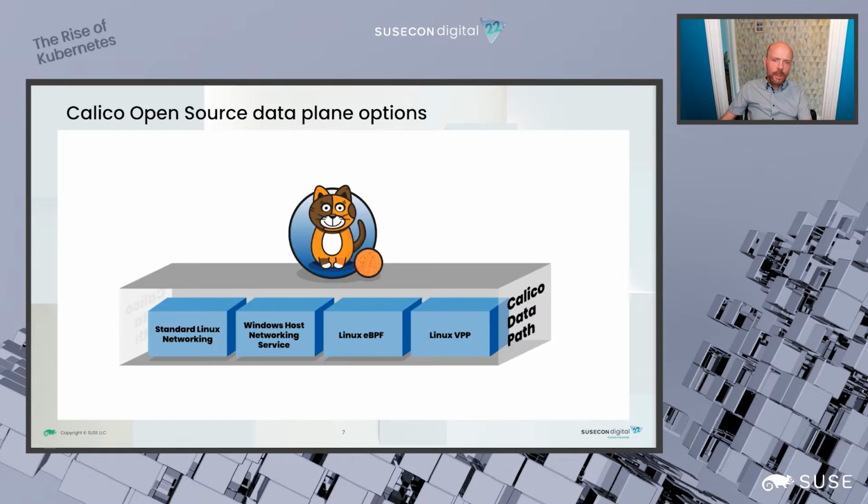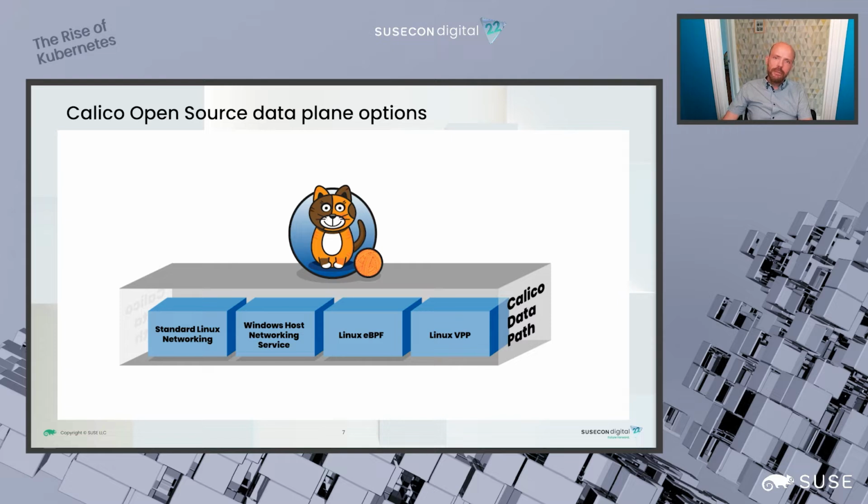We have four data planes. We have a standard Linux networking data plane, which is by far our most widely deployed data plane, and it is the most commonly deployed CNI solution for Kubernetes in clusters globally. We have the Windows host networking service, which is ideal when you have Windows-based workloads. We have the Linux eBPF data plane, which is the one we're going to see today, based on Linux eBPF kernel technology.